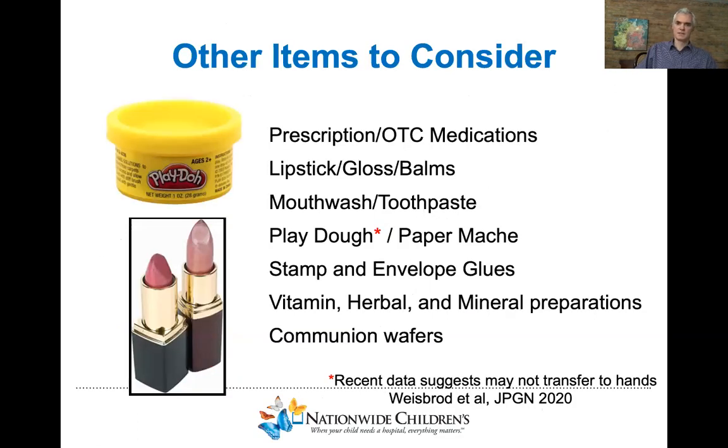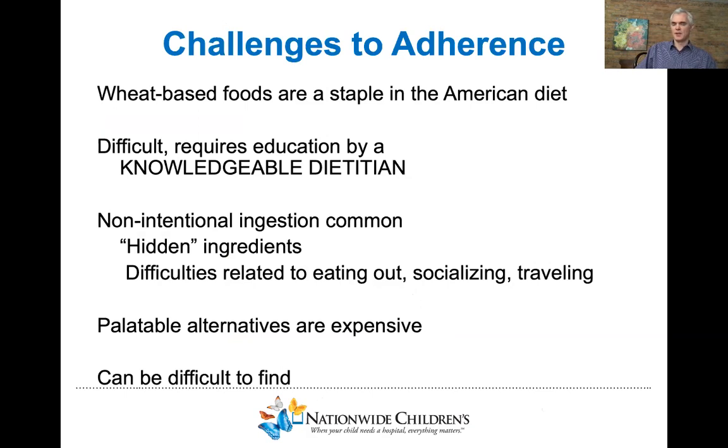There are other items to consider, such as medications, cosmetics that go around the mouth, school supplies, glues on stamps or envelopes, communion wafers. So as you can tell, there are many challenges to adherence. Wheat-based foods are a staple in the American diet, can be difficult, and requires education by a knowledgeable dietitian.